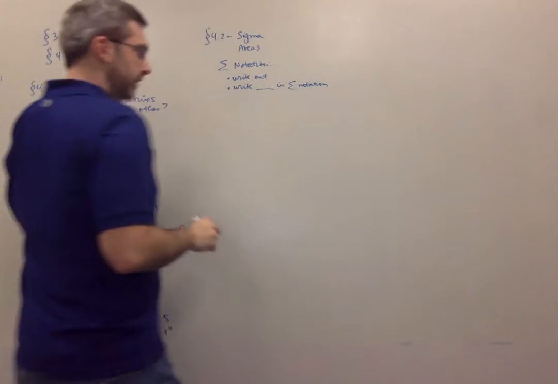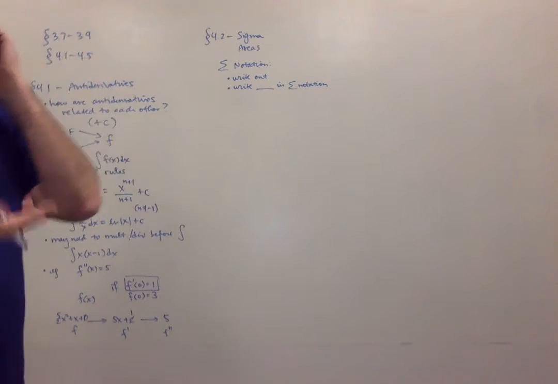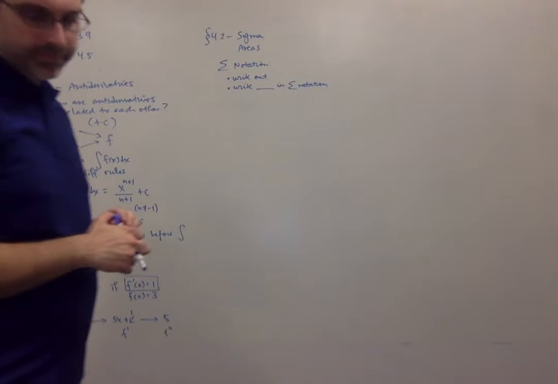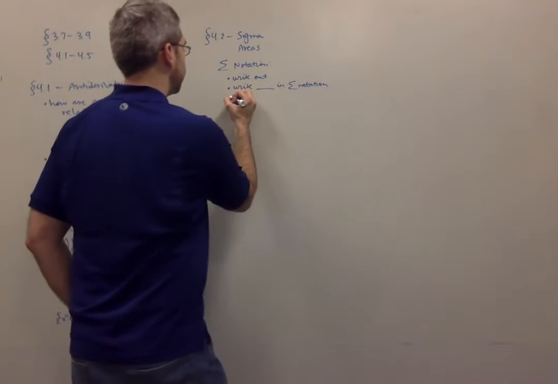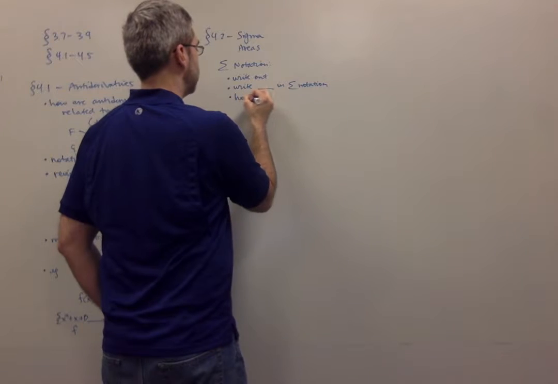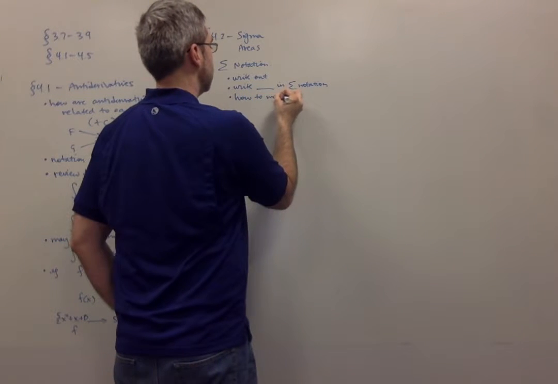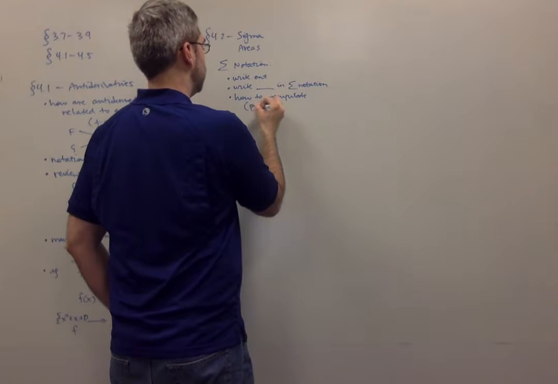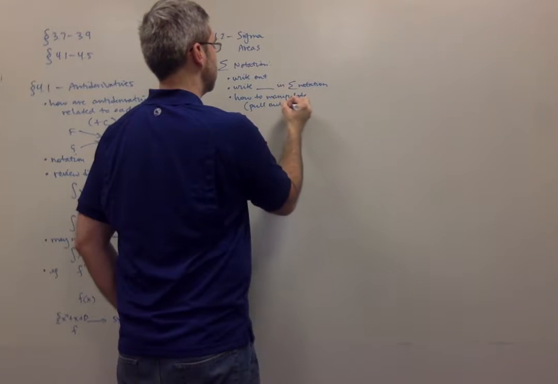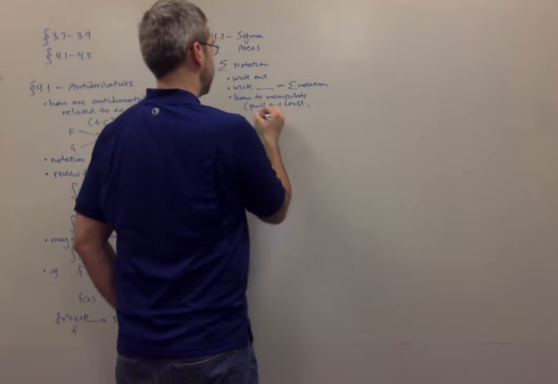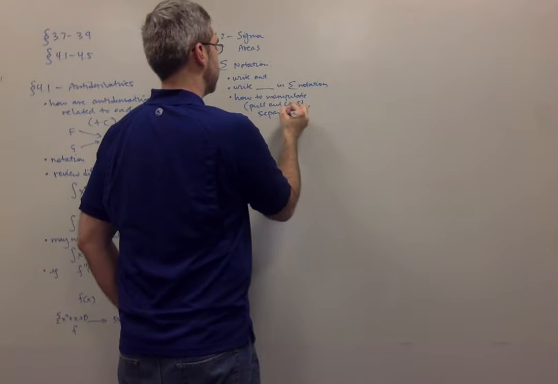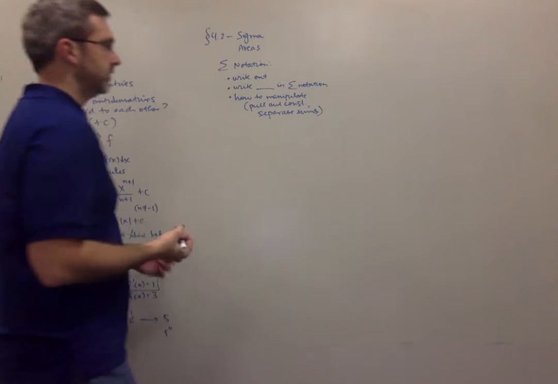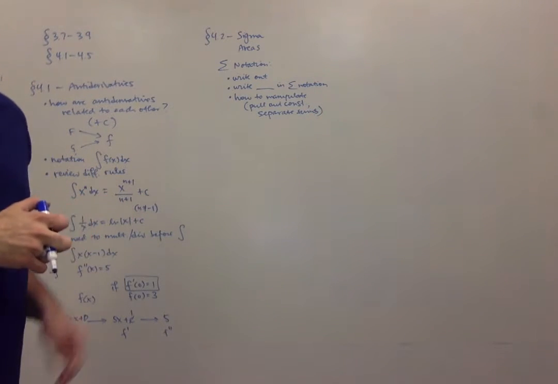So you should be able to expand something out and write something in sigma notation that shows up. And then you should know how to manipulate sigma notation. In other words, we pull out constants and we separate sums. We've been doing that, so you need to feel comfortable doing that with sigma notation.